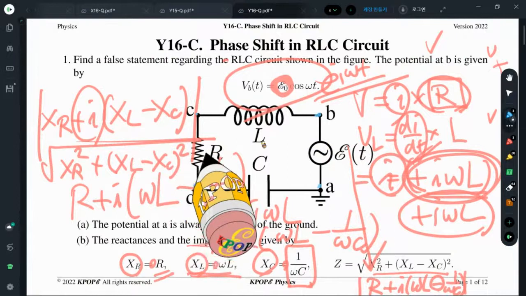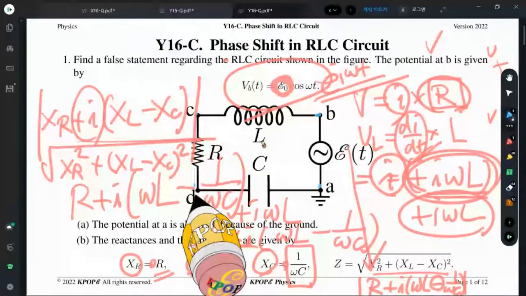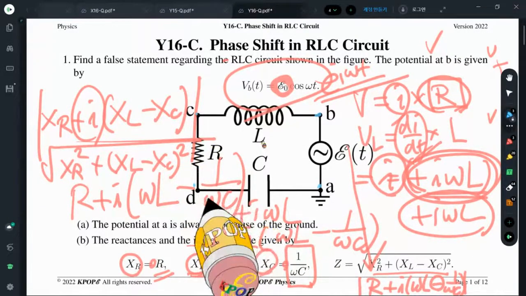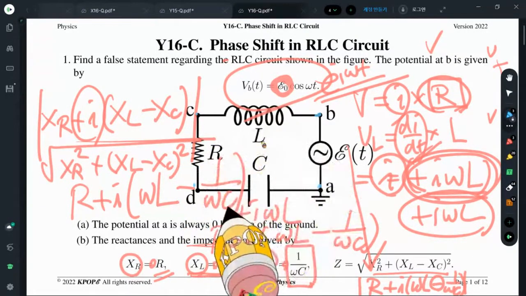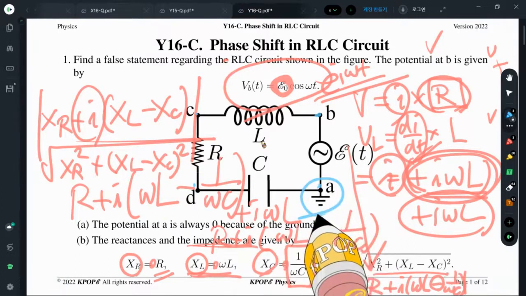In the previous class, I showed how to find the potential difference between two terminals. So here, if you want to solve the problem, you must determine the direction of current. For example, in here, this A is grounded.